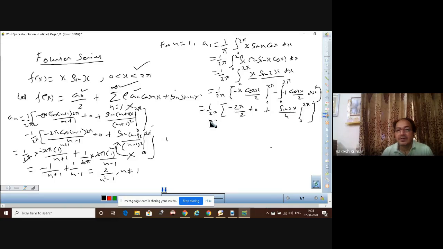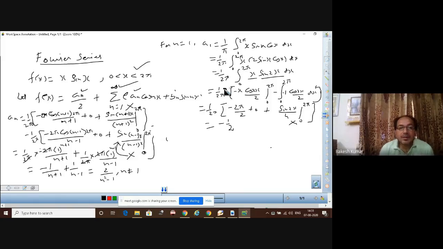For the upper limit 2 pi, if you substitute, you will get sin 4 pi. Sine of all multiples of pi are 0. For lower limit, sin 0 is 0. So you will get this value vanish. 2 pi is cancelled, and you will get minus 1 by 2.